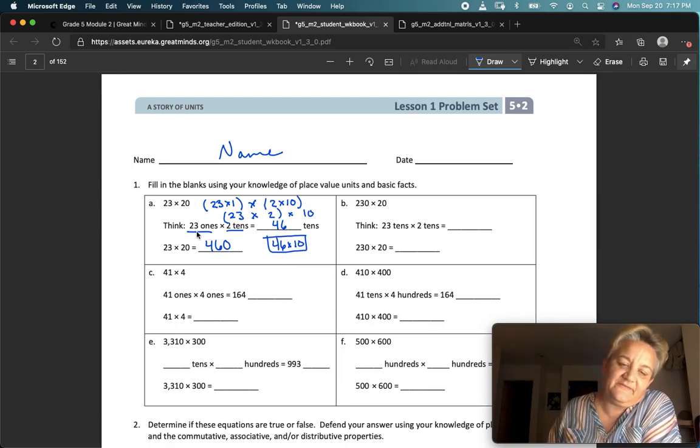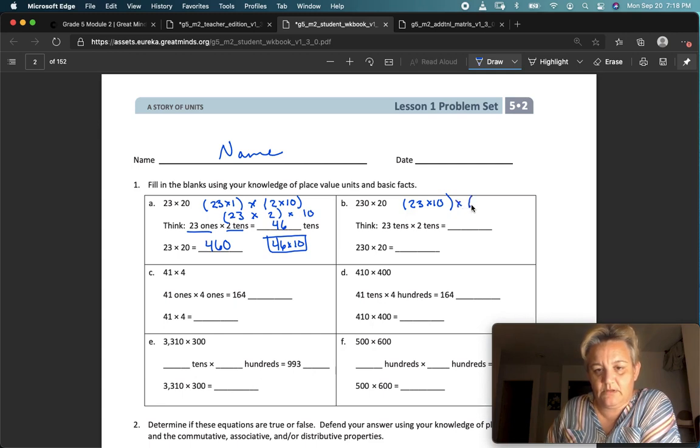So a little bit of unit form, a little bit of expanded form, a little bit of standard form, and here we're moving numbers around so that we can better understand where we're going. They want us to think 23 tens, so we're going to change this into 23 times 10. And then here we're going to change this to 2 times 10. I'm going to rearrange these numbers: 23 times 2 times 10 times 10.